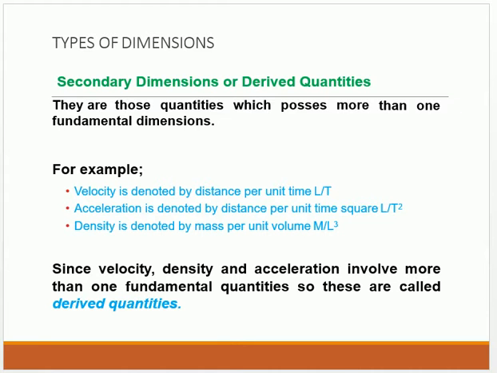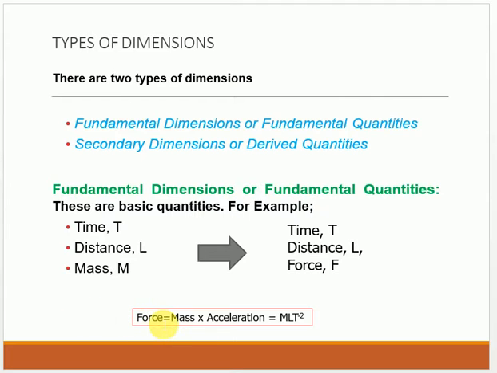As a simple example, force equals mass into acceleration. We know the unit for force is Newton, but here we're going to derive it to the derived quantities. For mass, the dimension is M. Acceleration is meter per second square.